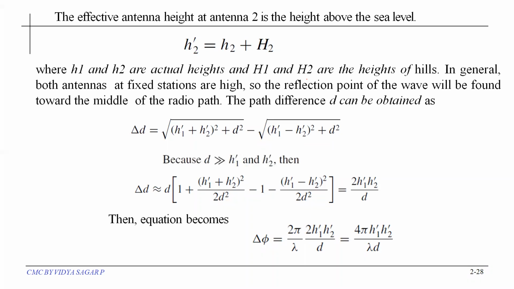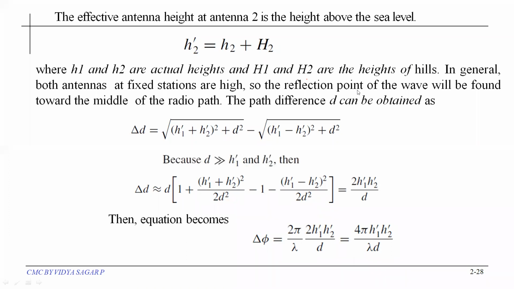Whereas small h1, h2 are actual heights, and capital H1 and H2 are heights of the hills. Both antennas at fixed stations are high.